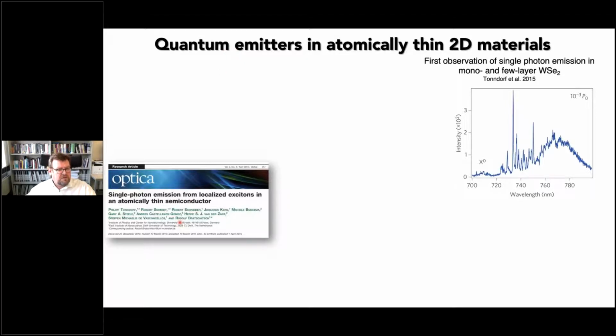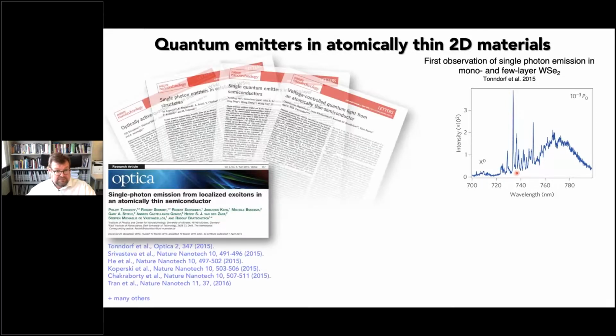People, like Rudi Bratschitsch's group from Münster, noticed that if you look at luminescence from these materials, there's the neutral exciton, and at low temperature and very low excitation powers, you see lots of sharp excitons. That's because wherever you focus your laser, there are different defects with different local energies, and that gives rise to these different sharp lines.